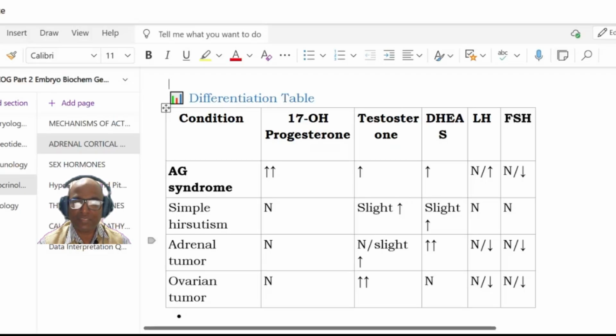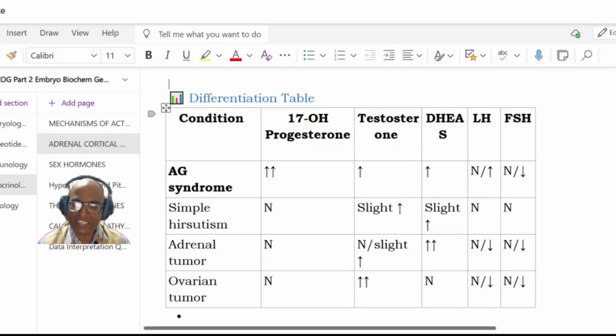Now, if it is an adrenal tumor, then 17 hydroxyprogesterone will be normal. Testosterone will be normal or slightly raised, but DHEAS will be increased. We have seen androgen has two sources, adrenal as well as ovarian. When it is adrenal, DHEA levels will be high.